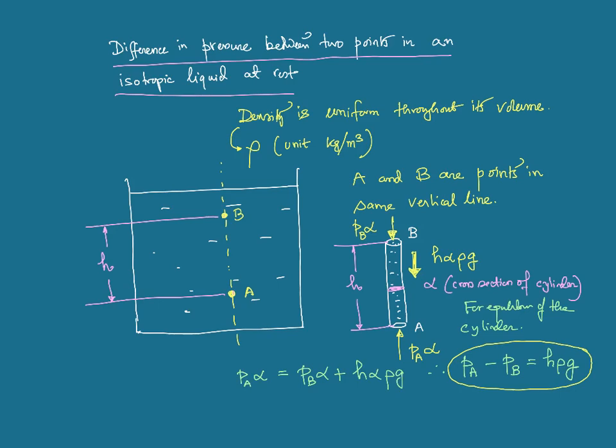H into alpha is volume, volume into rho is mass, mass into g is weight. So H alpha rho g is the weight of the cylinder.